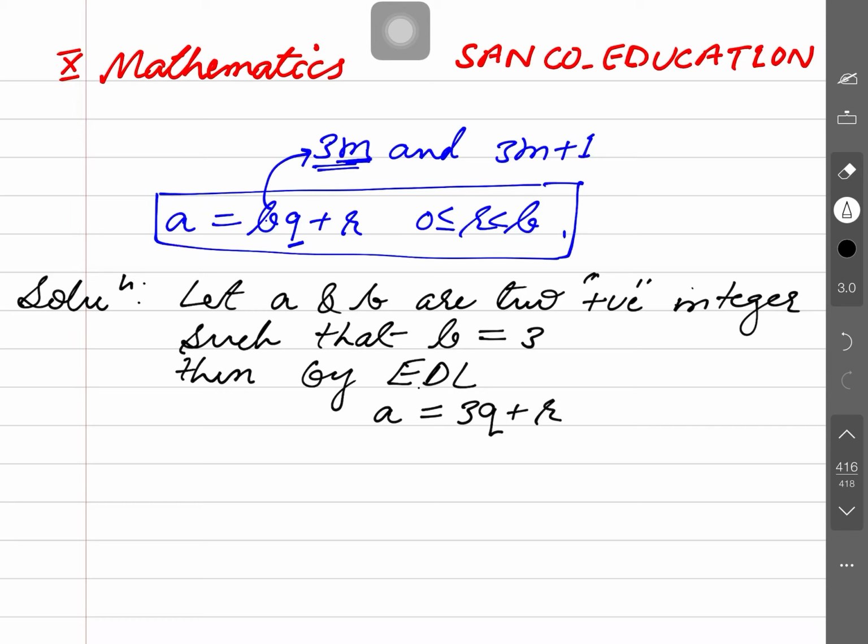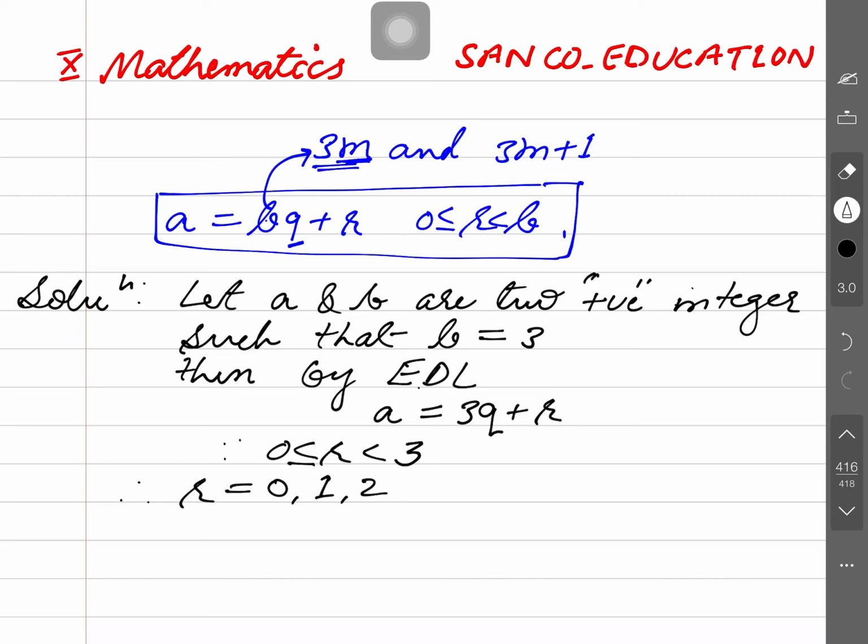Since r is greater than or equal to 0 but less than b, that is 3 here, r can be 0, 1, 2. Can we write 3? No, don't write 3, because r cannot reach 3.